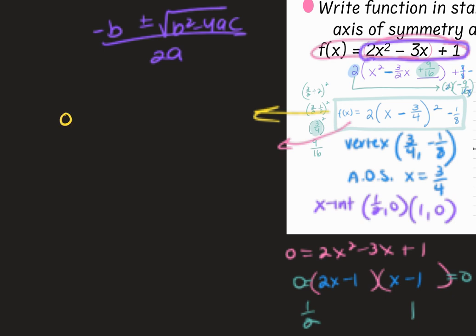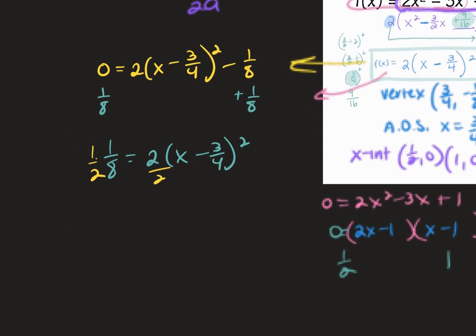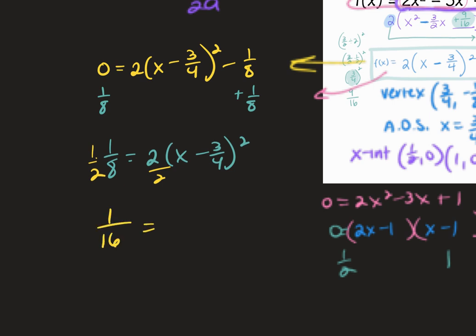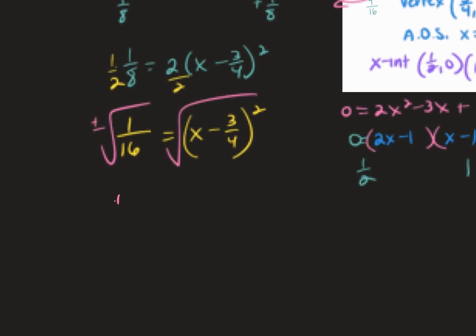If I set this equal to 0, when it's in standard form, then I'm going to add the 1/8. I get 1/8 equals 2 times (x minus 3/4) squared. Divide by 2 or multiply by 1/2, and I get 1/16 equals (x minus 3/4) squared. Square root both sides, and I get plus and minus 1/4 equals x minus 3/4.